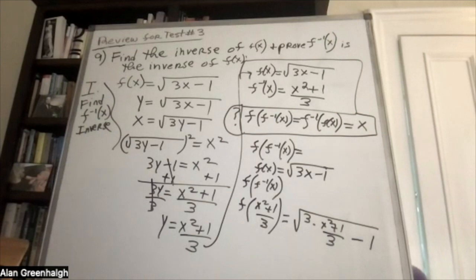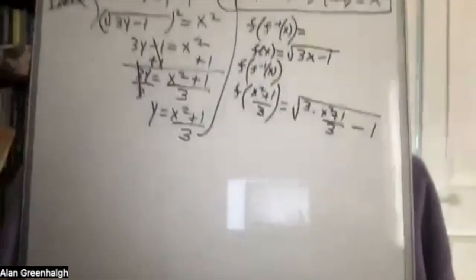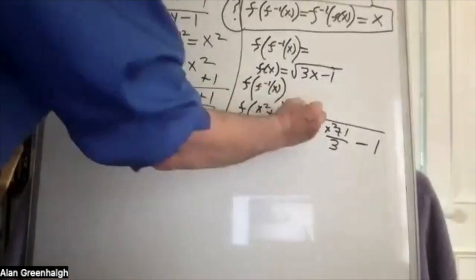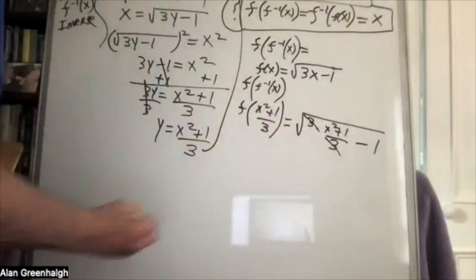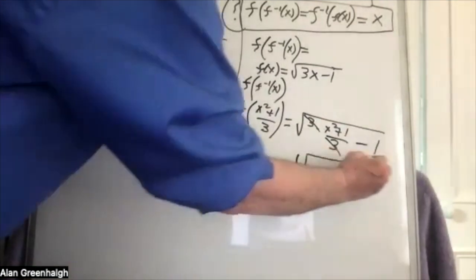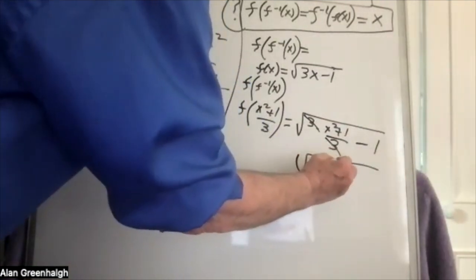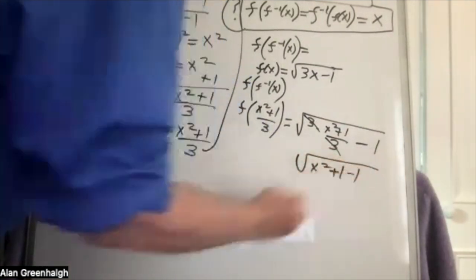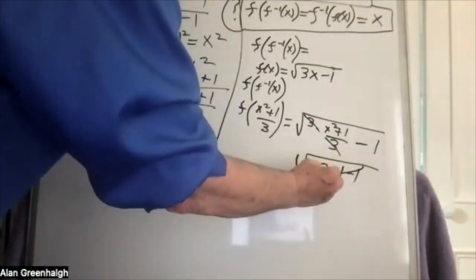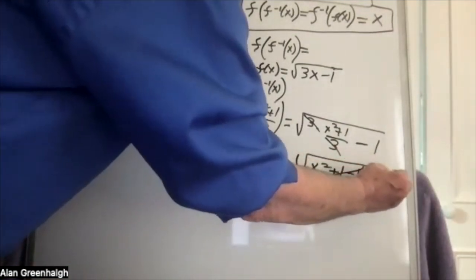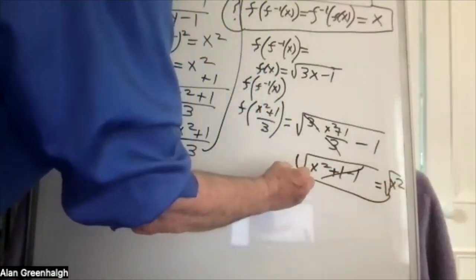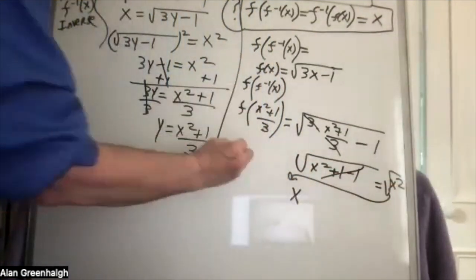And I hope you can see what's going to happen now. It sort of jumps out at you that these 3's drop out, and you're left with the square root of x squared plus 1 minus 1. These drop out. You wind up with the square root of x squared, which equals x. Good.